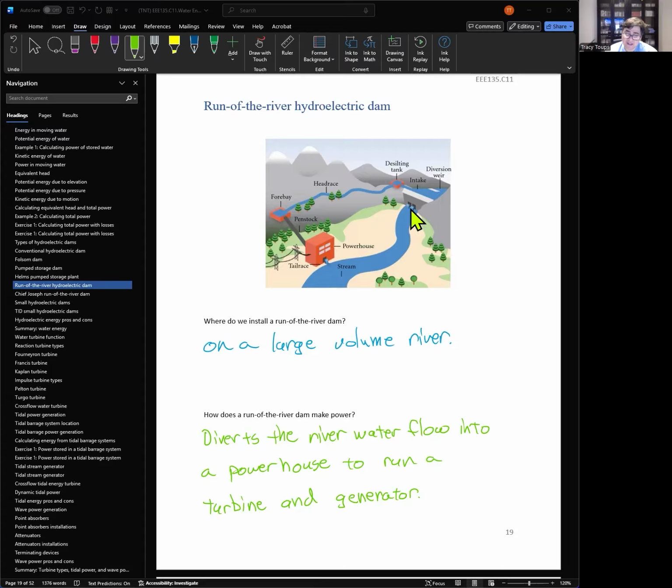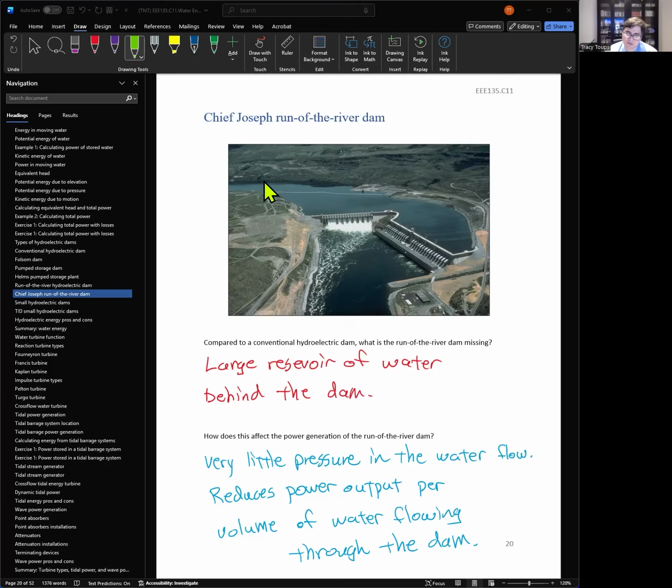Here's an example to show you a run-of-river dam, Chief Joseph's run-of-river dam. And notice you have the main river flowing through. Some of the water is going to flow directly through the gate and go through. We're not making any power here, right? Some of it might get diverted over.